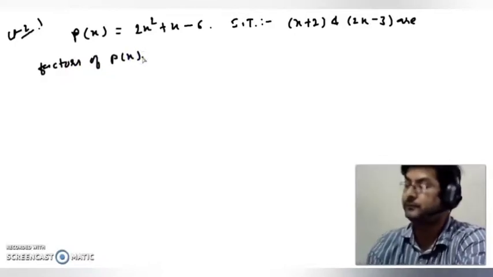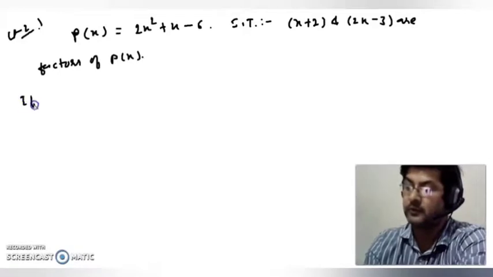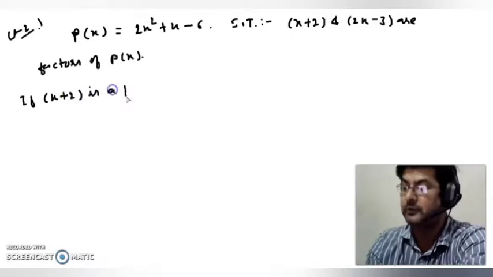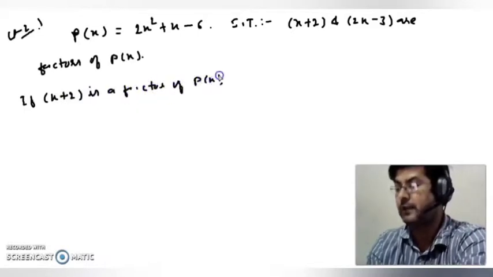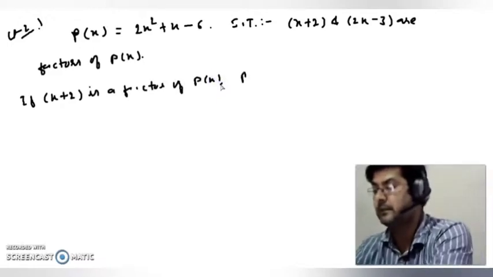Okay, now if x plus 2 is a factor of P of x, then P of minus 2 must be equal to 0.